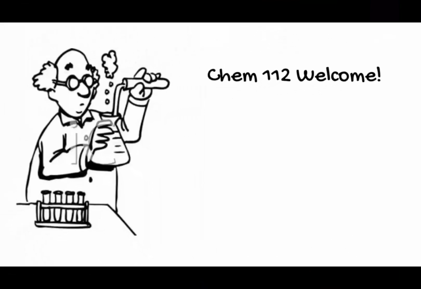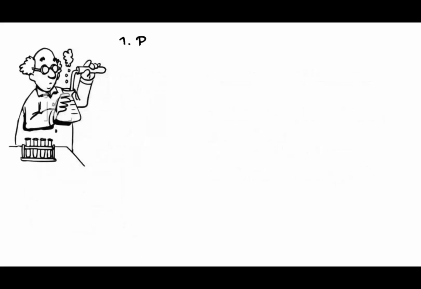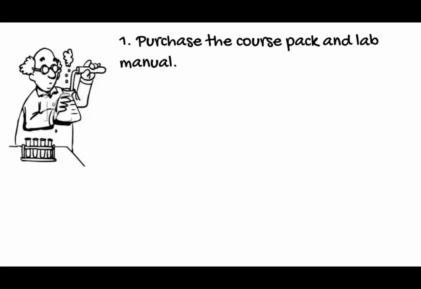Before we get to the Moodle course, I'd just like to remind you about some of the things that I've asked you to do before coming to class on Thursday, September the 8th. For one, I've asked you to purchase the course pack and the lab manual. I've asked you to register for the Active Chem platform. I'll say more about that in this video.